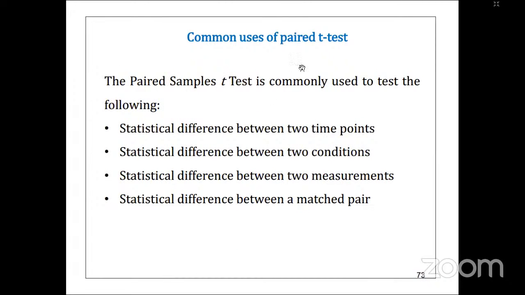Here I have not revealed the conclusion, but the situation I wanted to highlight. So paired t-test is to be used when you want to show differences between two time points, two conditions, or two measurements, and so on. So pairing should be there when you are using paired t-test.